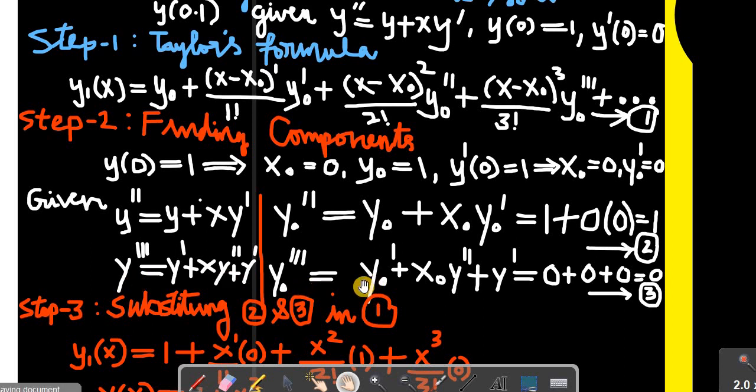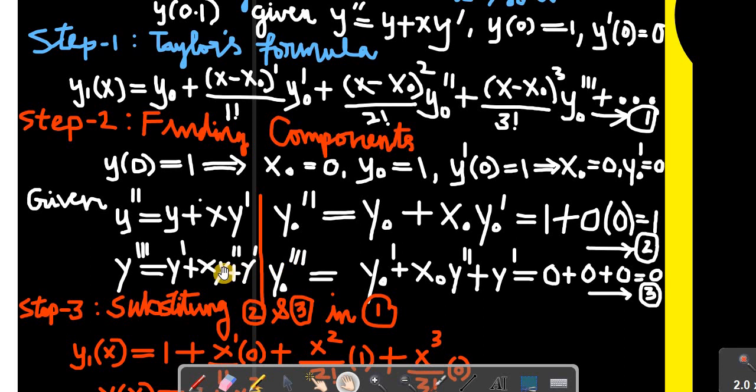Similarly I need the first derivative of y at x equals 0, that is this one, plus the value of x at 0.